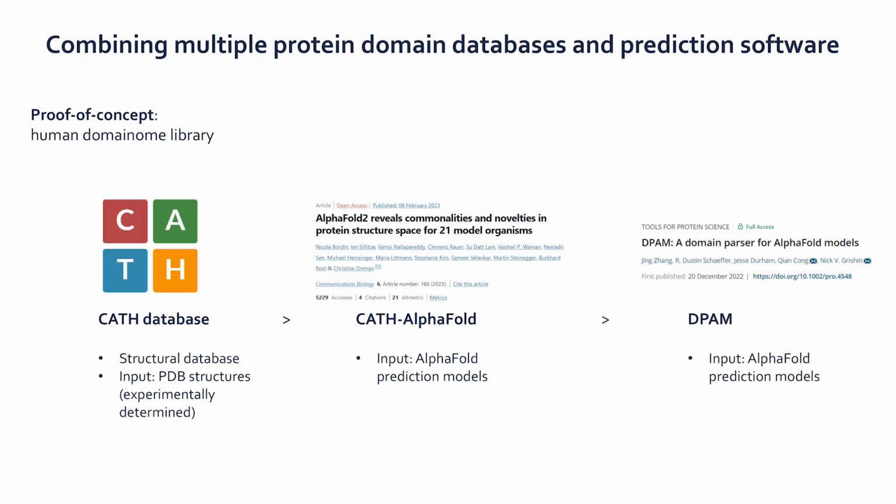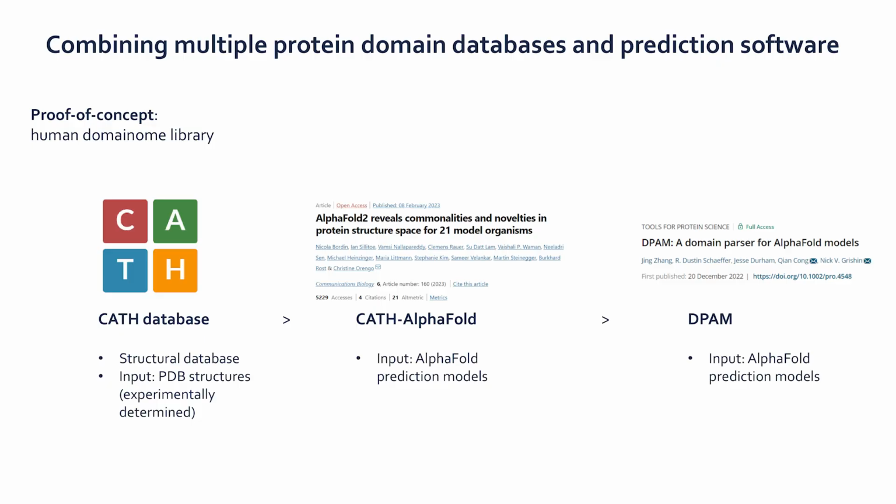Of course, as you will see later, the CAT database does not contain a lot of protein domains. In our case, we're doing a proof of concept for the human protein domainome. It only contained about 5,000 human protein domains, so we wanted to enlarge our set a bit so that we had enough data to train deep learning models.